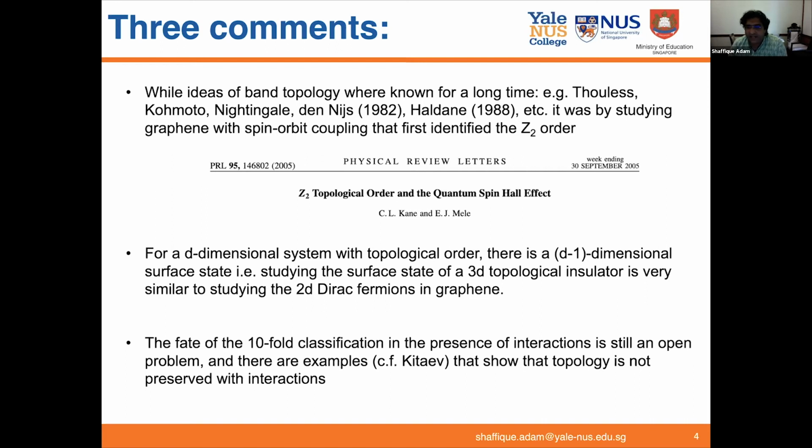So there are these connections between real materials like graphene and the surface states of a 3D topological insulator like bismuth selenide. Also, one big problem is that the fate of the tenfold classification in the presence of interactions is still an open problem. There are some examples and notable work by Kitaev that show that topology is not preserved with interactions. But again, what happens to topology with interactions is currently an area of open research.